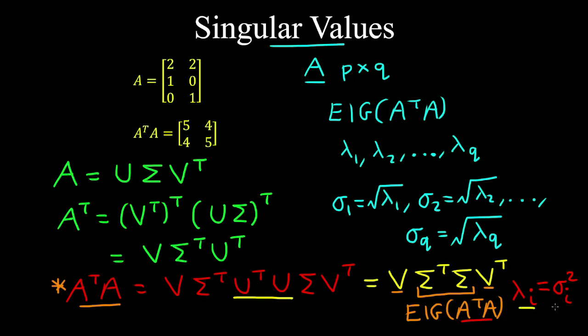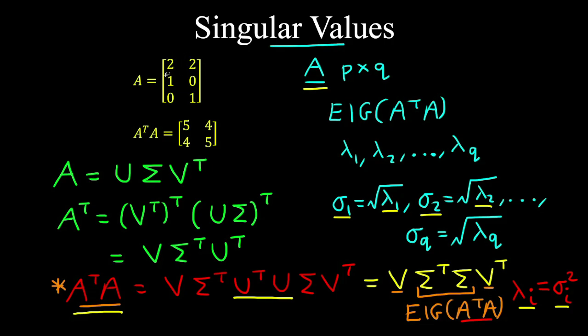And therefore, taking the square root of both sides, we get the singular values of the matrix A being the square root of the eigenvalues of the symmetric matrix A transpose A. And generally we'll order the eigenvalues of A transpose A from largest to smallest, and therefore we order the singular values of A from largest to smallest.